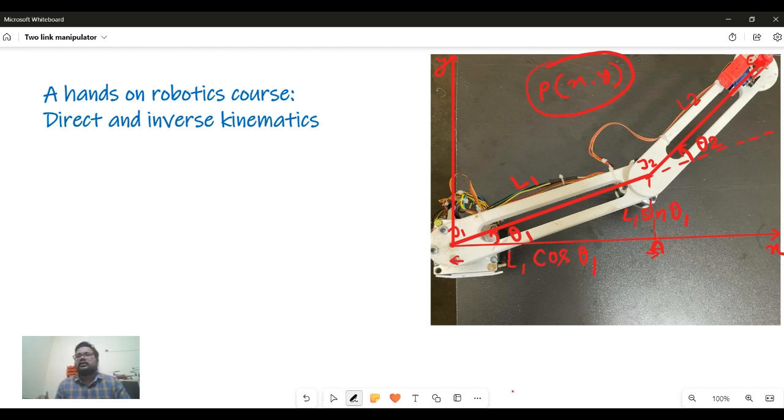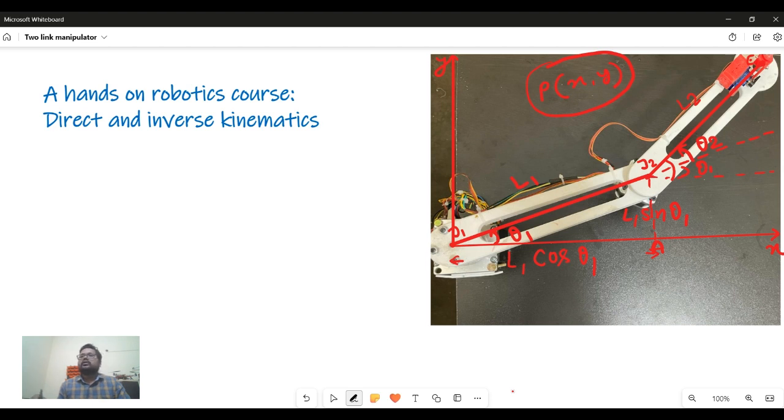Likewise, just draw a parallel line. This angle will be theta 1 because it is parallel to the x-axis, and this extended line is parallel to L1, so that is why this will be theta 1. So the complete angle will be theta 1 plus theta 2.